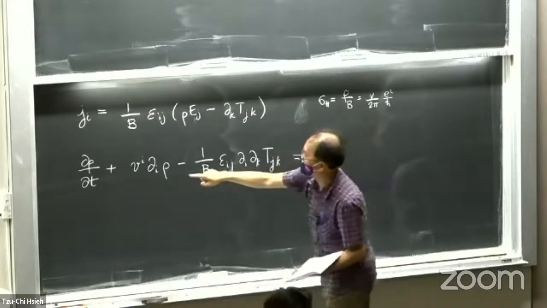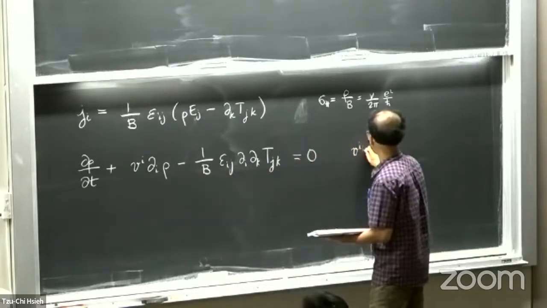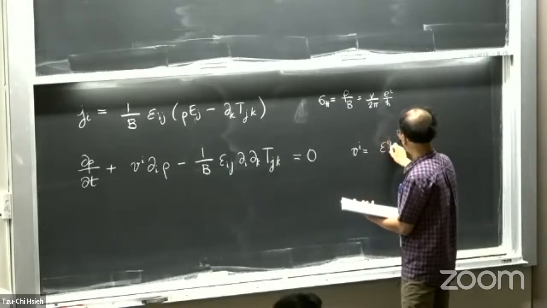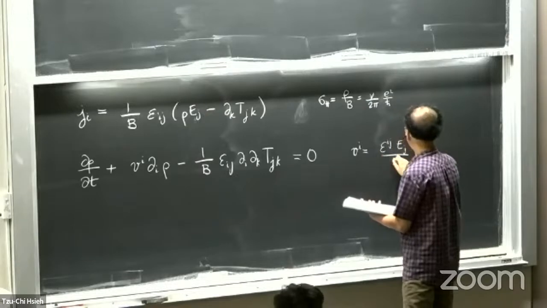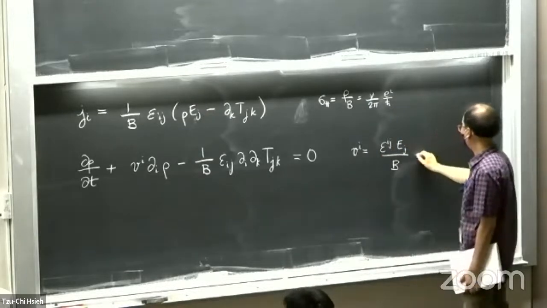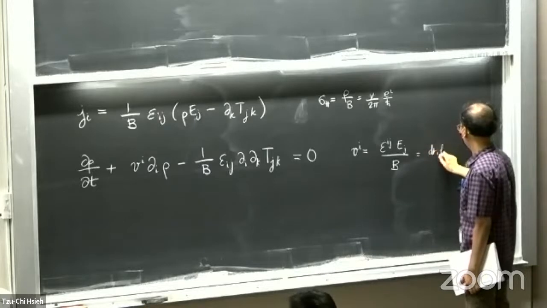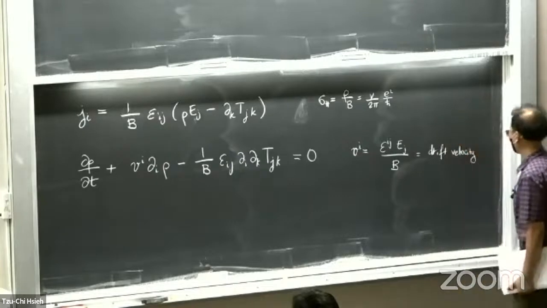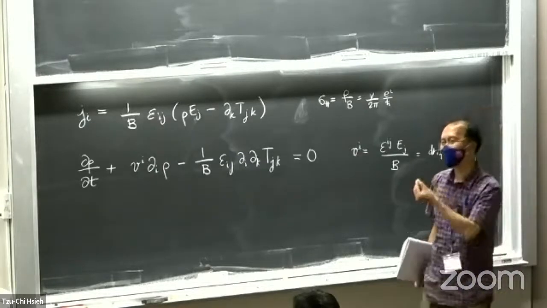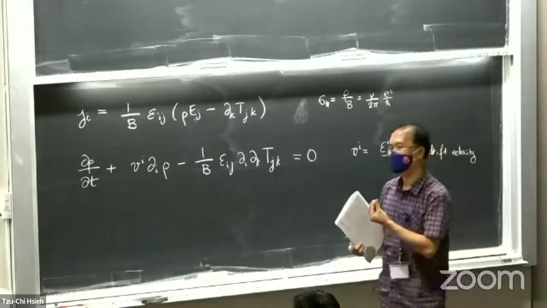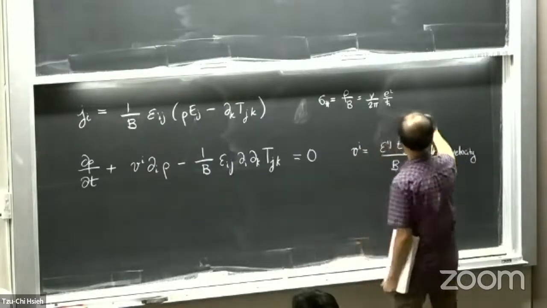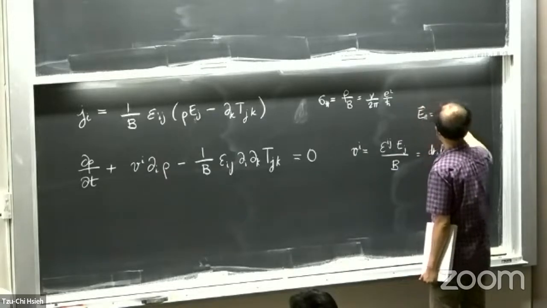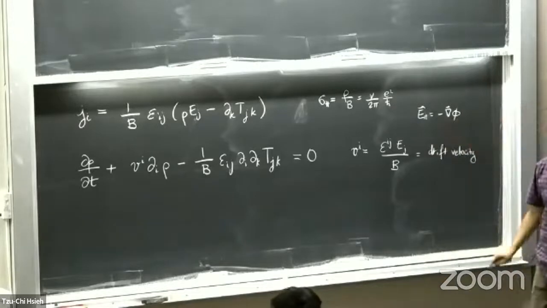And let me write down what this is: V_i is equal to epsilon_ij E_j divided by B. So this is the drift velocity. We say that the guiding center coordinate drifts in the direction perpendicular to the gradient of the potential, so E_i. We're going to mostly think about the situation where E is a gradient of some potential.